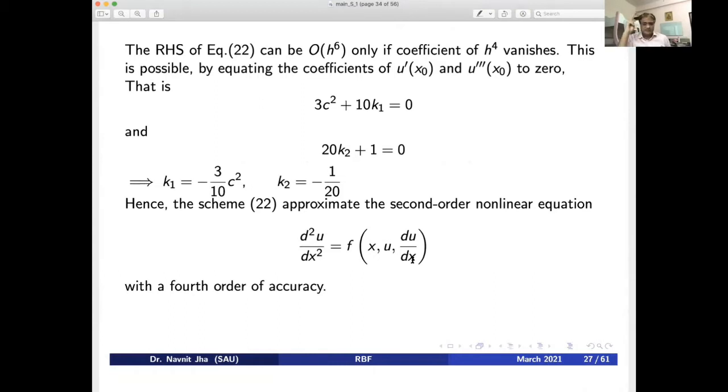Now, there are two types of boundary condition we discuss. Number one, Dirichlet type. Number two, Neumann type. And the third one is the mixed derivative, Robin condition. So just from the understanding point of view, I have taken Dirichlet type boundary condition.